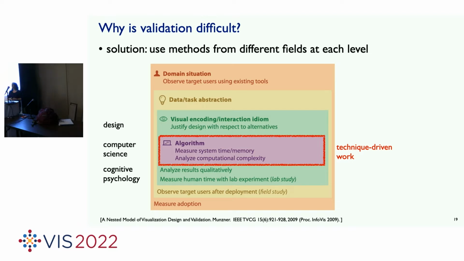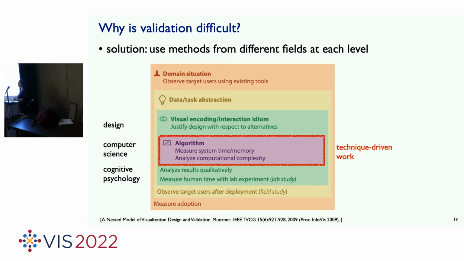We often grab methods out of cognitive psychology and perceptual psychology, where if you ever want to actually check if people can understand and decode, you often do these lab studies, controlled experiments on human subjects, where you're going after some quantitative answers about things like, how long did it take a human to actually do something with this viz system?